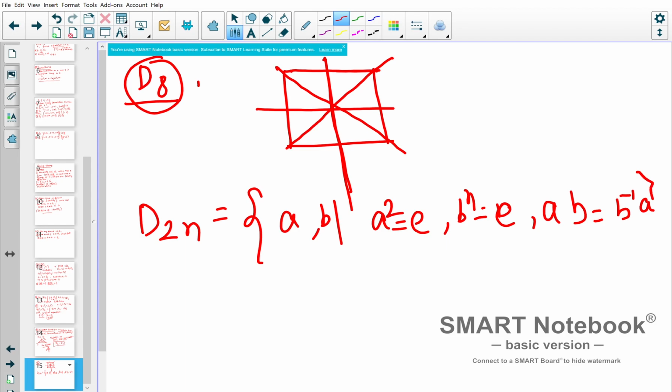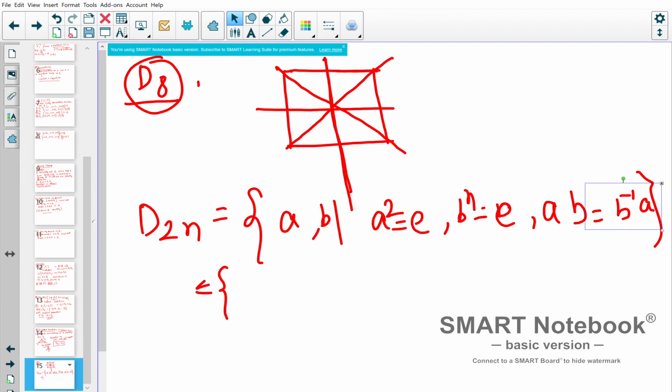Some people also write ba equals a inverse, or ba equals ab inverse. No problem, any of these is fine.